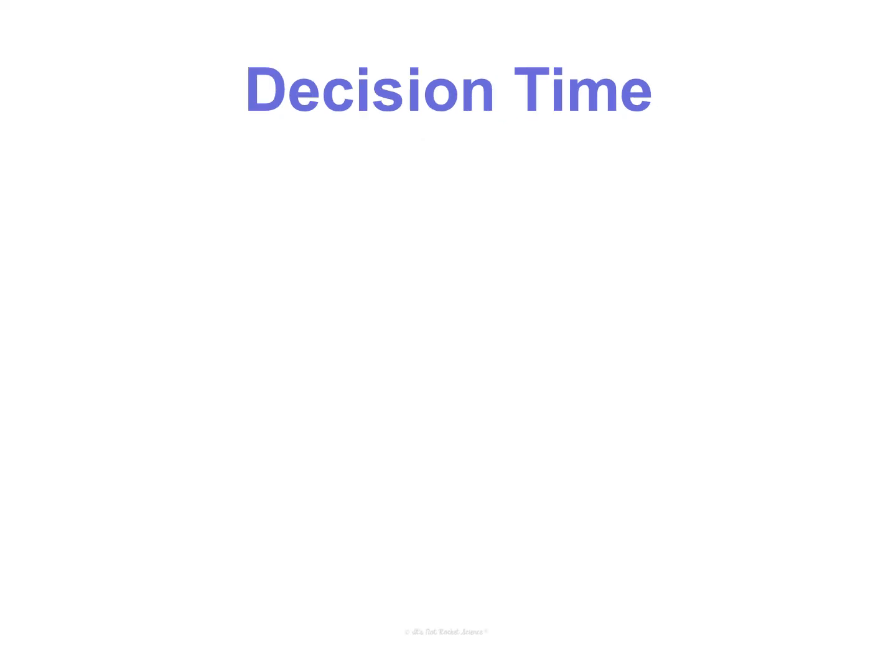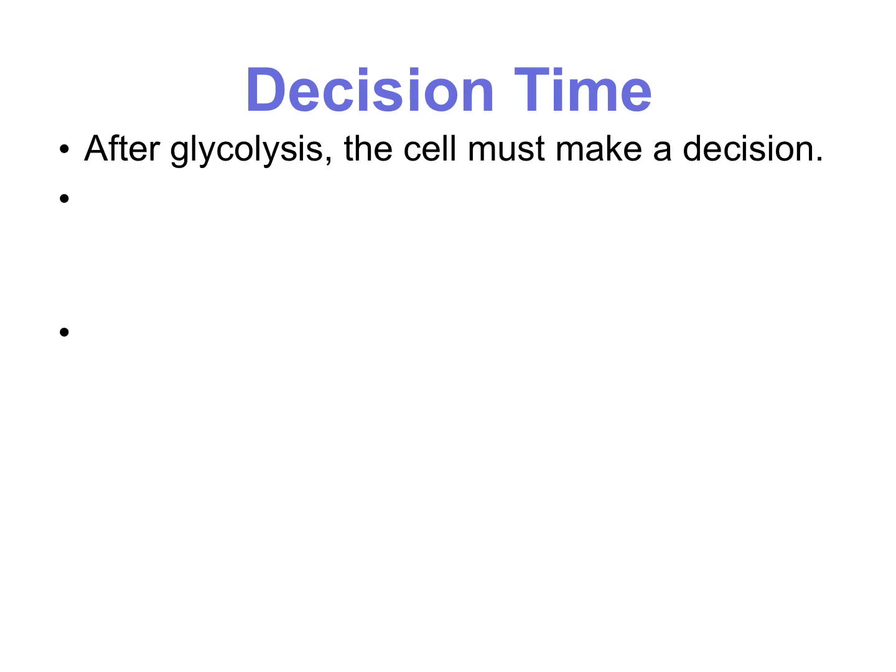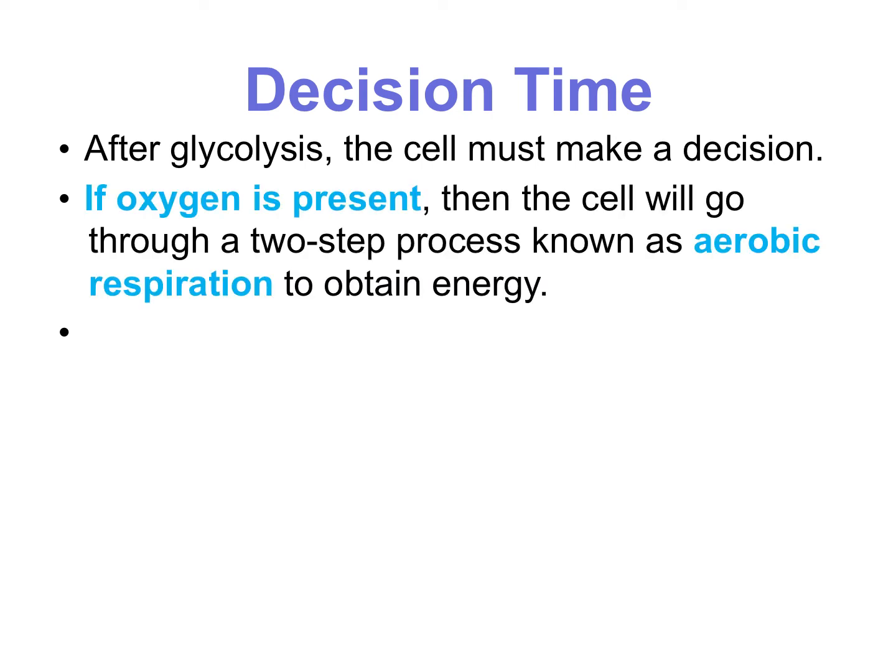So as we said, step number 1 is always going to be the same thing, but step number 2 can be different depending on the scenario. So now we get to make the decision. What type of step number 2 are we going to take? After glycolysis, the cell must make a decision on how to move forward. If oxygen is present, then the cell will go through a 2-step process known as aerobic respiration.